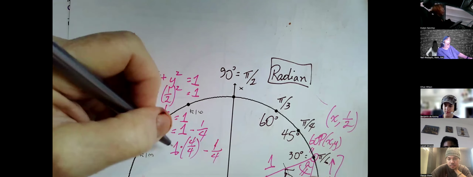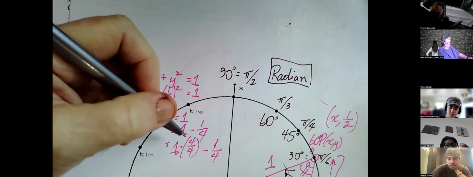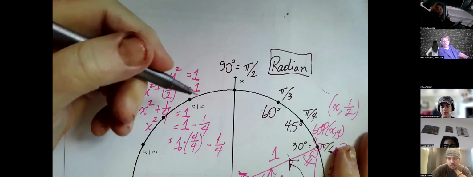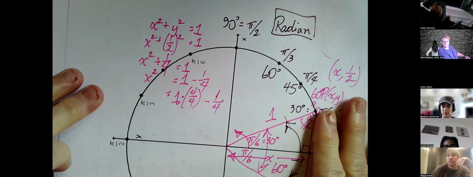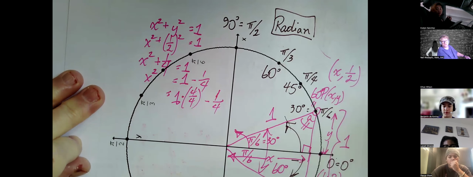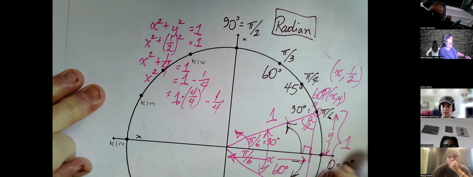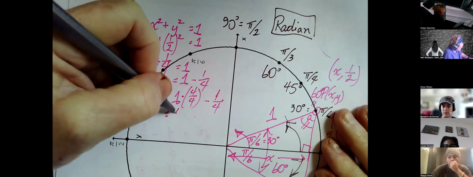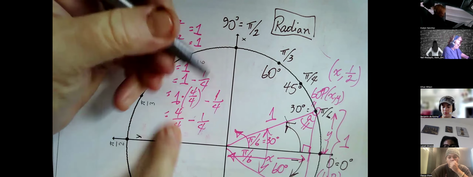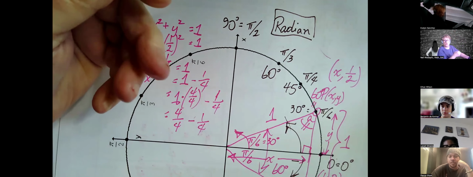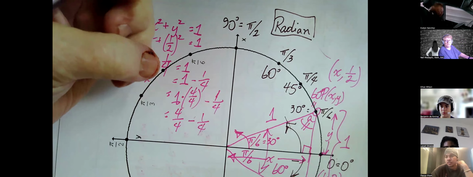So what is 1 times 4 over 4? 4 times anything is itself, right? It's 4 over 4, because 4 over 4 is still 1.